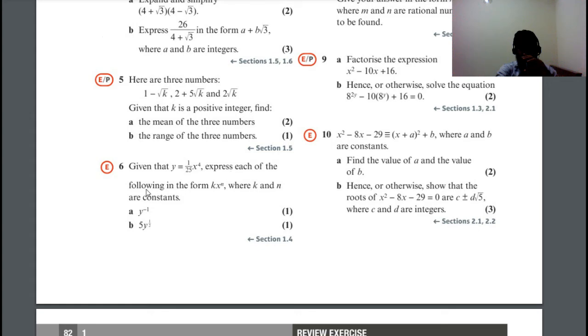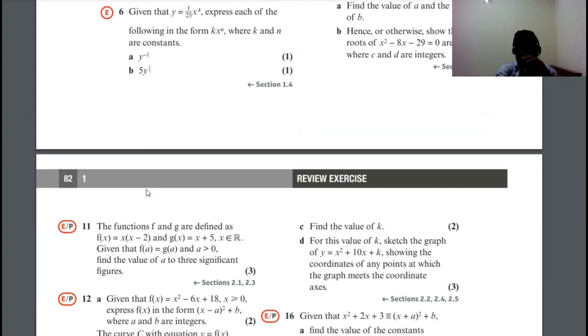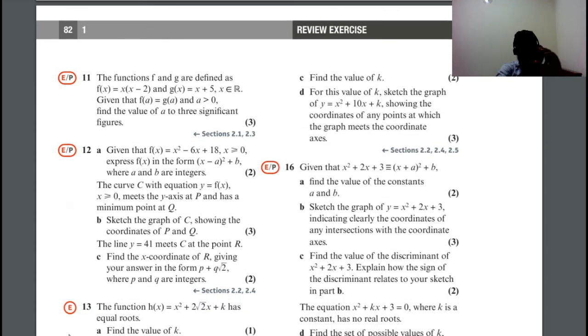The functions f and g are defined by, given that, find the values of a to 3 significant figures.